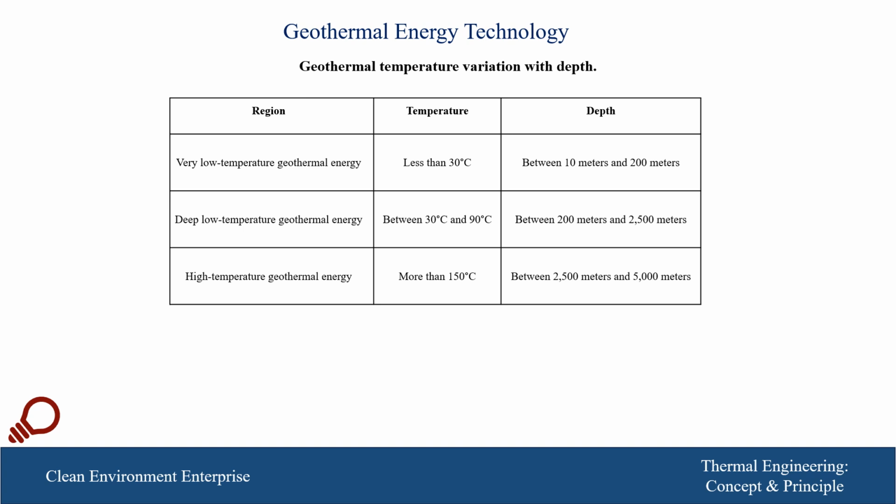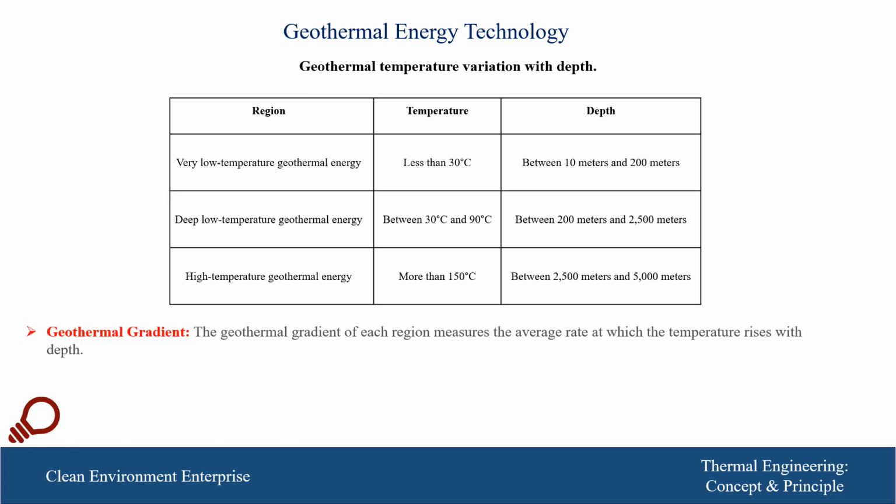And if we go deeper in the ground, up to 5 kilometers, then the temperature will be more than 150 Celsius. Of course, this range of temperatures and depth gives a sort of guide to know about the temperature variation of Earth with depth. But again, it depends on the climate and the geological structure of Earth.